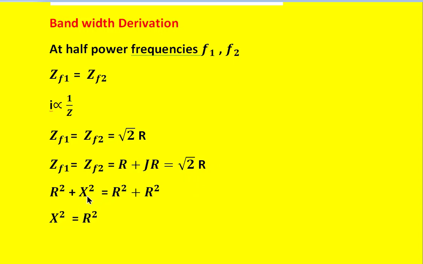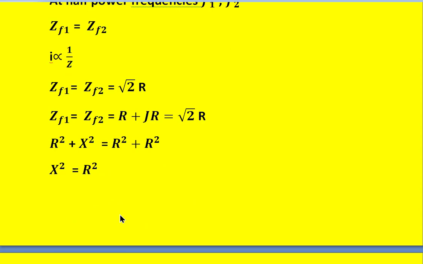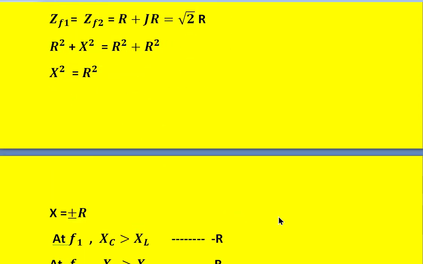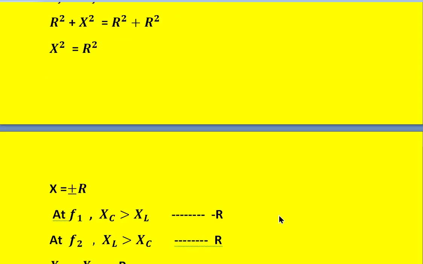At frequency f1, XC is more than XL, and when we write XL minus XC, we write minus R. Similarly, at f2, XL is more than XC, so we write it as R from this equation.